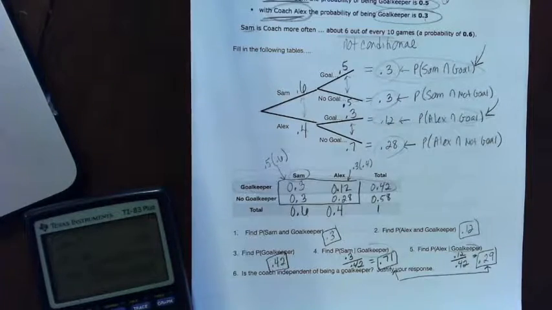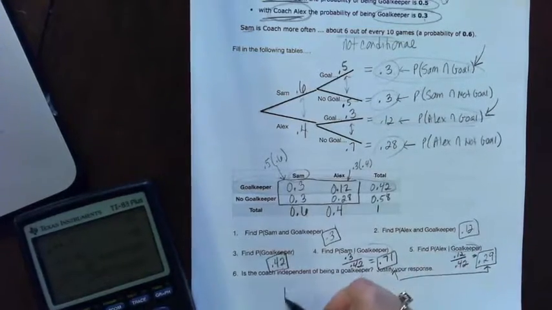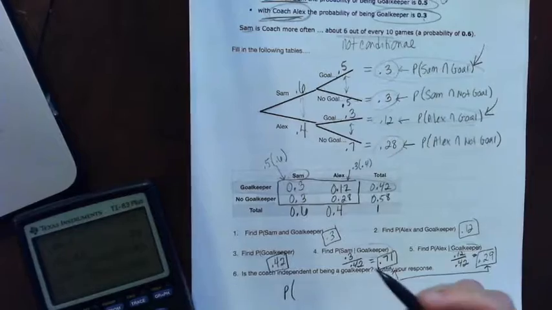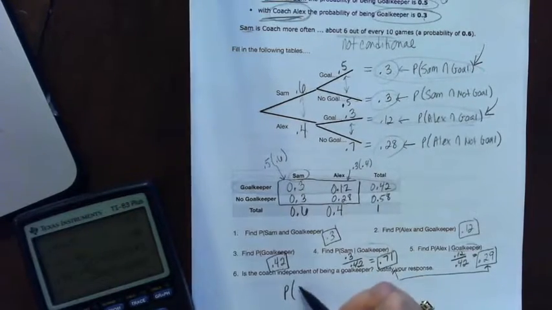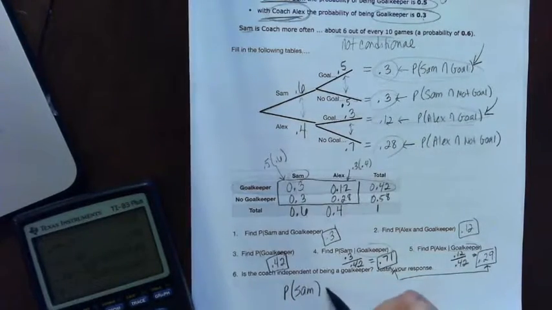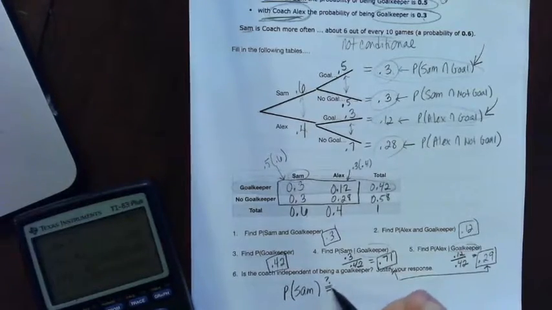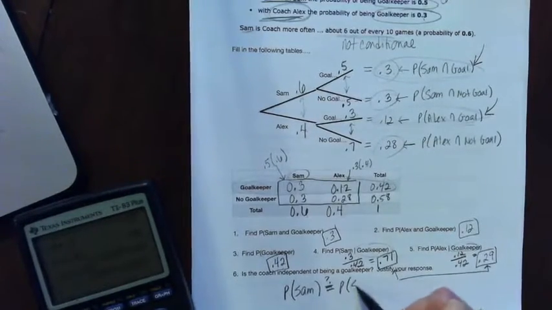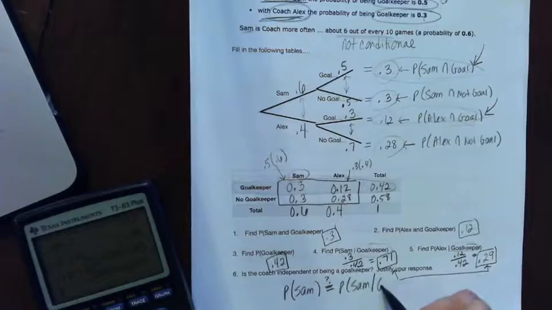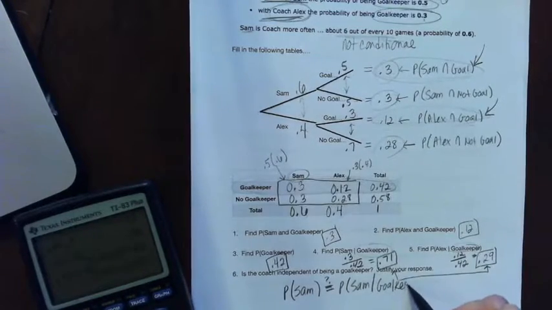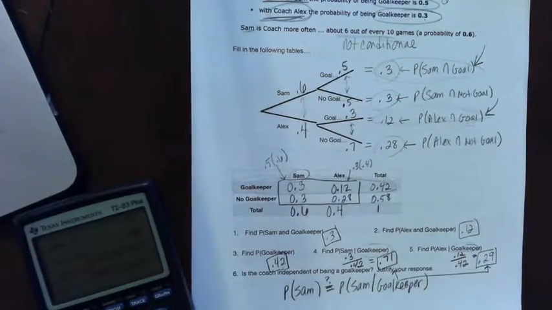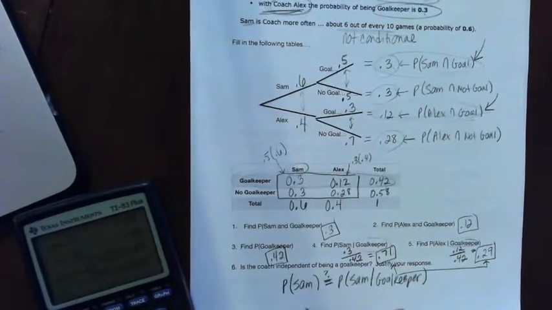Is coach independent of goalkeeper? To answer that, you would just say, well, let's find the probability of coach. And then let's ask ourselves, is that equal to the probability of that person being a coach knowing you are a goalkeeper? There's more than one way you could do this, but that's just what I went with first. So what's the probability Sam is your coach? That's 0.6.